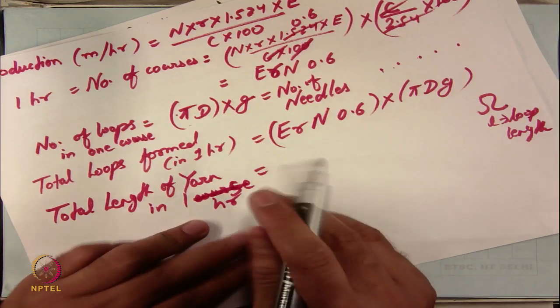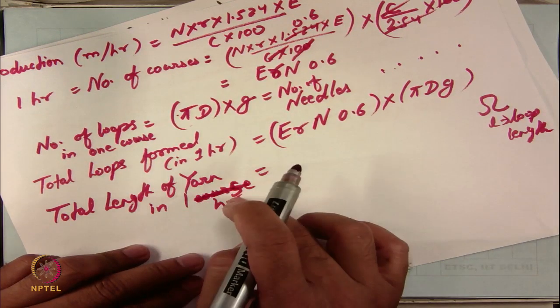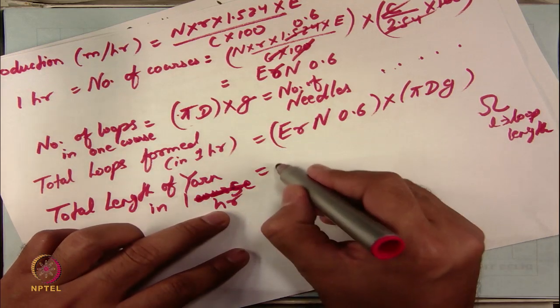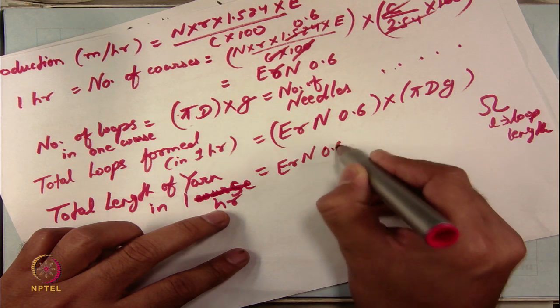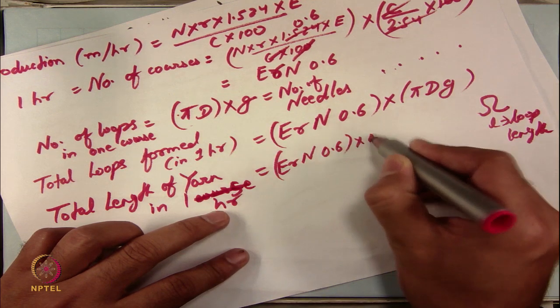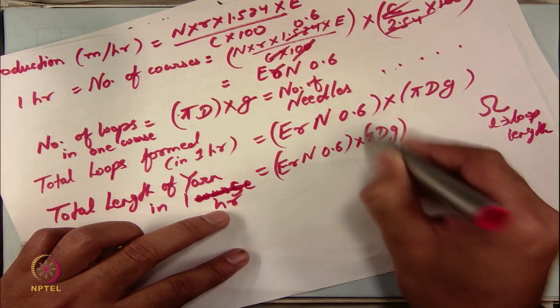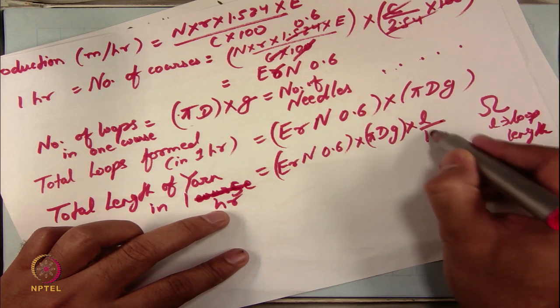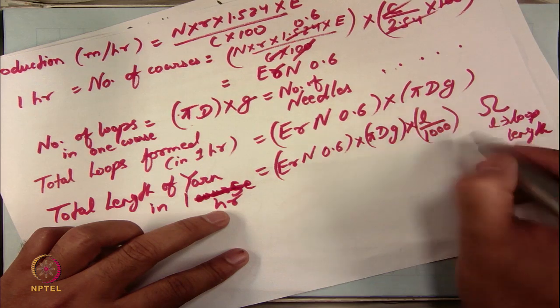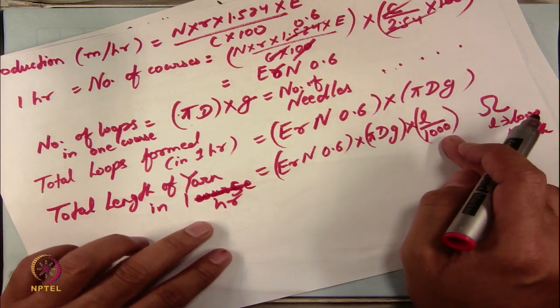So, total length of yarn in 1 hour is E R N 0.6 into pi d G into loop length. This was in mm, so you can convert into meter. So, here 1000 is for meter.